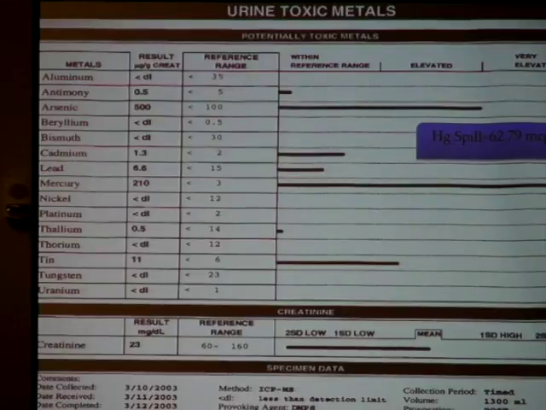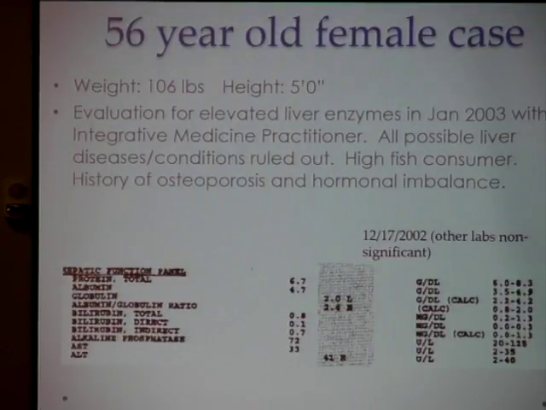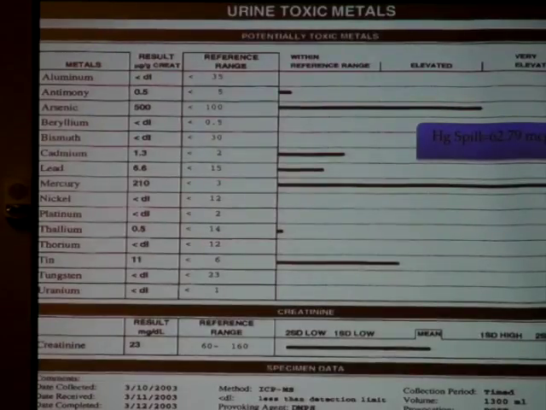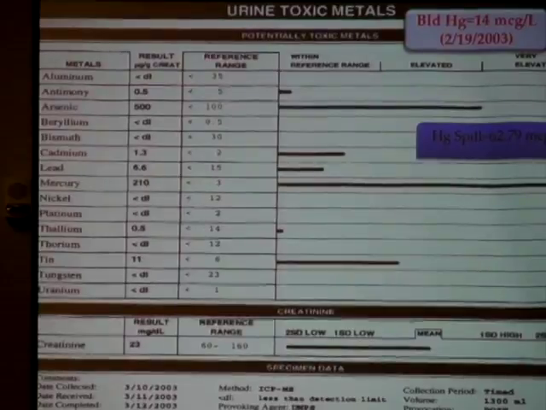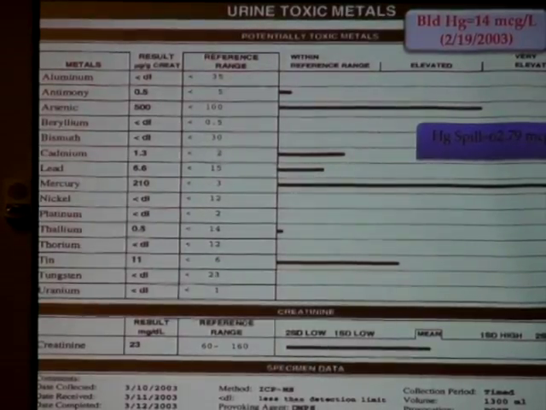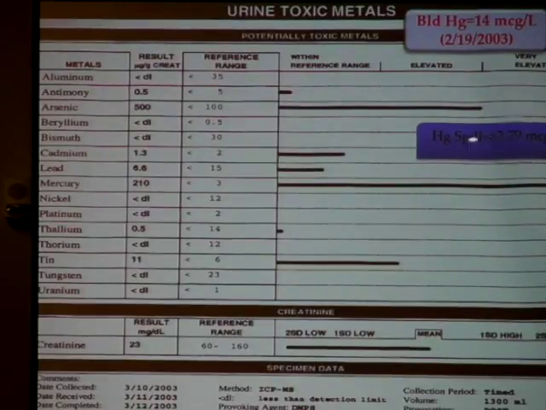I think we had a blood level too somewhere. Oh, okay, there it goes. So her blood mercury level is 14. To illustrate, she's a high fish consumer, and her total mercury spill was great here. So you can see that's what her body was storing.